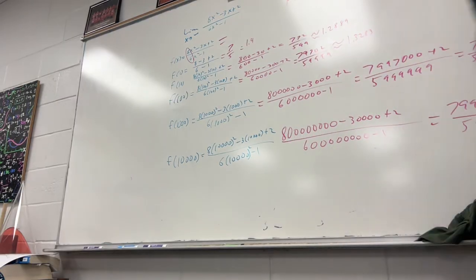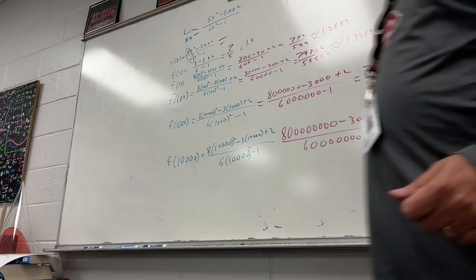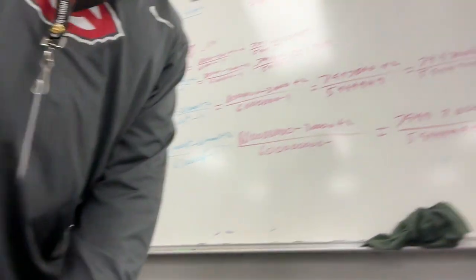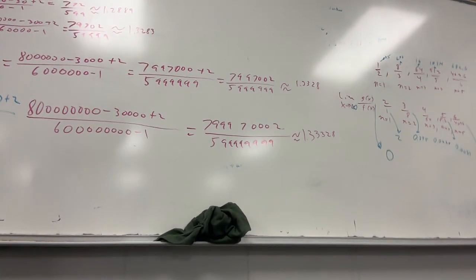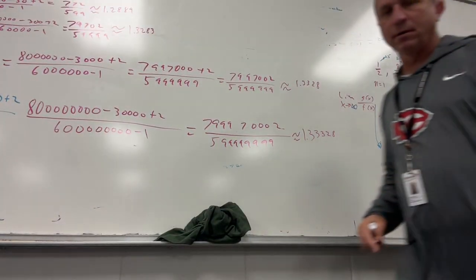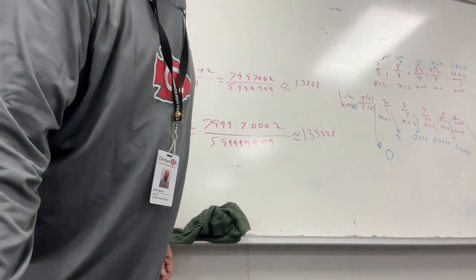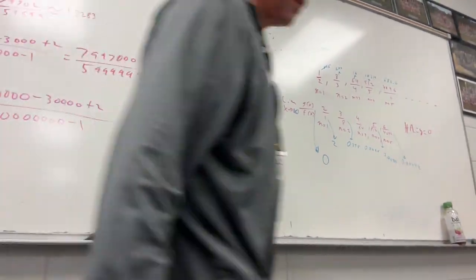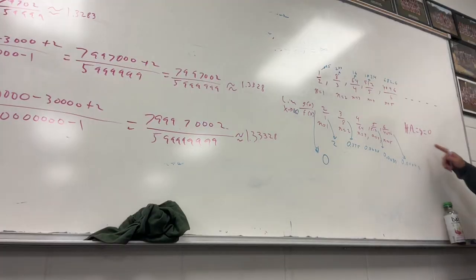In this problem right here, my horizontal asymptote was y equals 0. For those of you watching this virtually at home, that was what I was pointing to, right? I think I'm still off the board. Yeah, there we go. So y equals 0 right here.